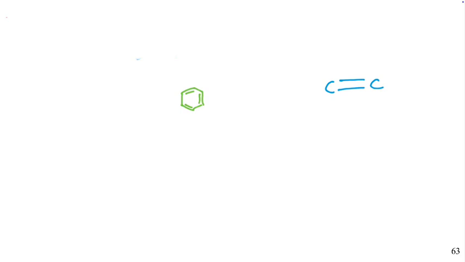I see two C's. The two C's are irrelevant to the argument. I see two lines. What do those lines represent? Electrons. Are those electrons the same? No, they are not.